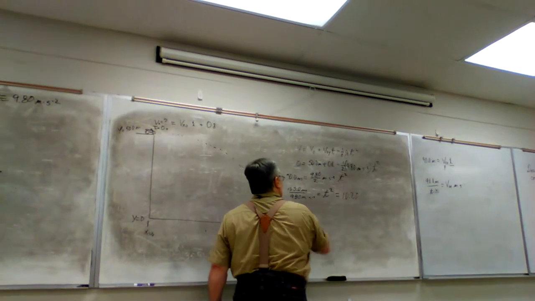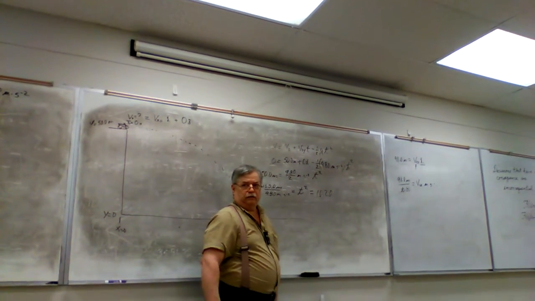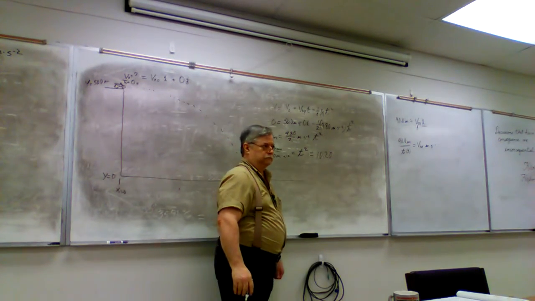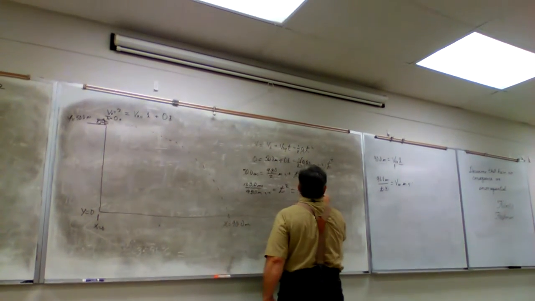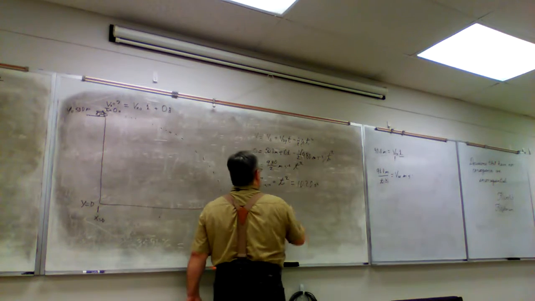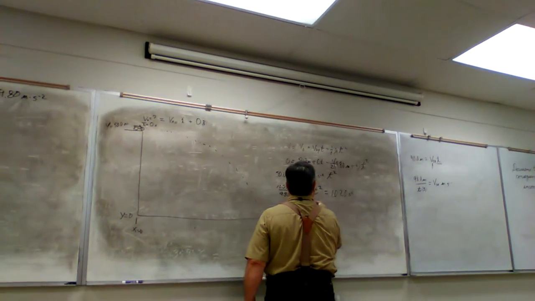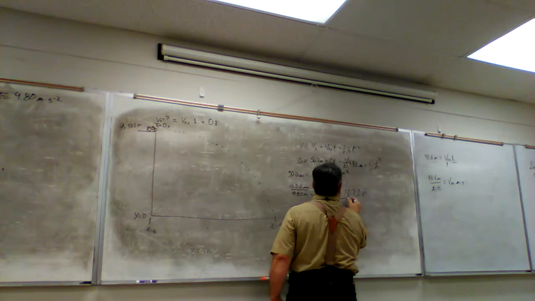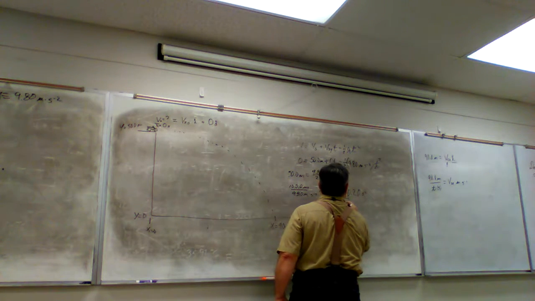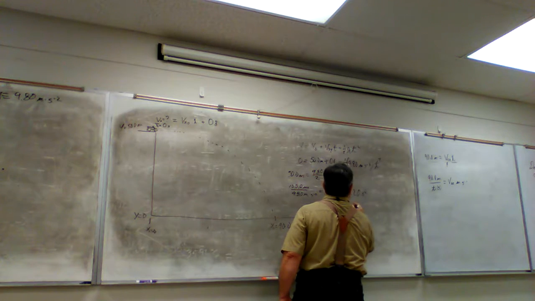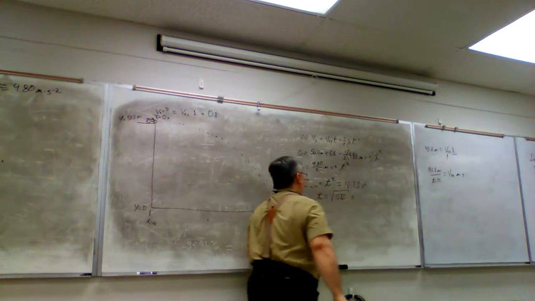Meters divided by meters per second squared gives us what? Seconds squared. They come back up to the top. So t then is the square root of 10.20 seconds squared.